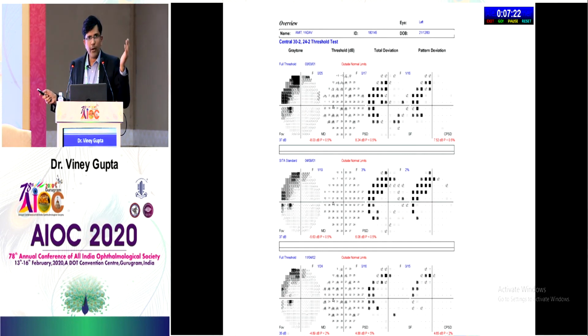When you see a temporal wedge, most of the defects in glaucoma are nasal. The nasal step, arcuate scotoma, cecal scotoma, everything is nasal to the optic disc. But if you rarely see a defect which is temporal, like this, then it's unlikely to be glaucomatous. It can be, but unlikely.